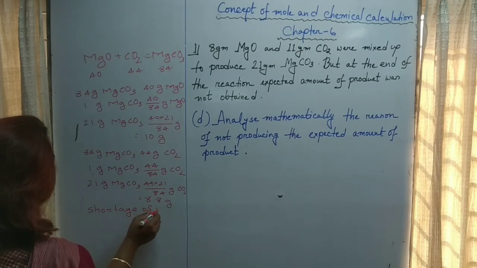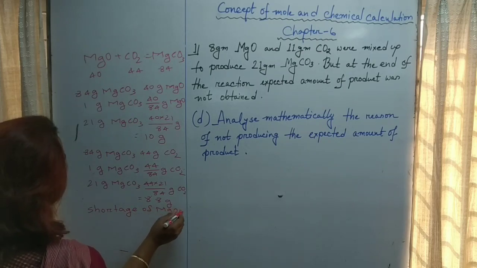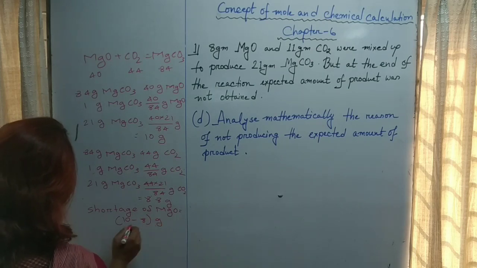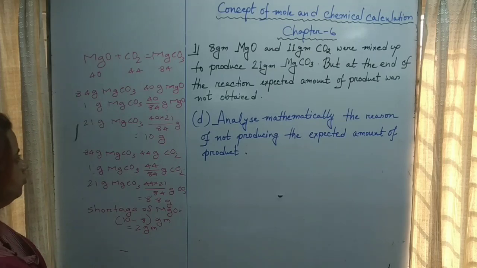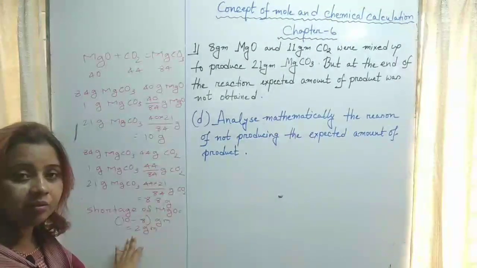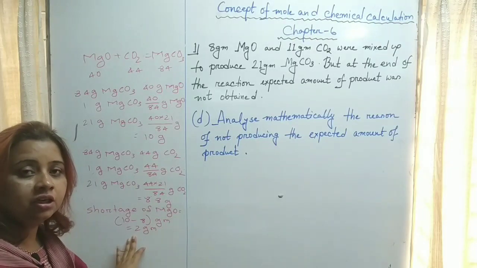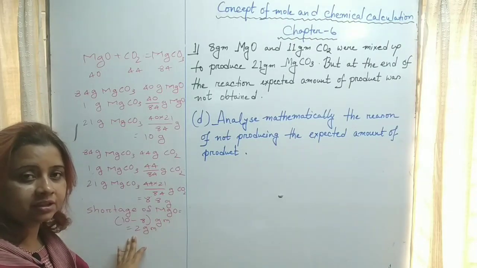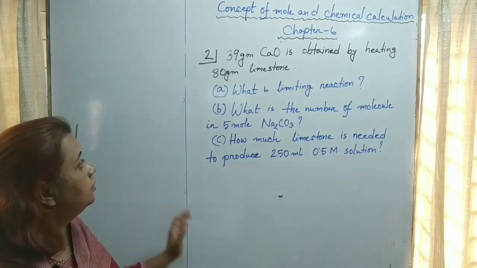Shortage of magnesium oxide is equal to 10 minus 8 gram, which is equal to 2 gram. So for the shortage of 2 gram magnesium oxide, the expected amount of product was not obtained. Have you understood? Okay, dear learners.